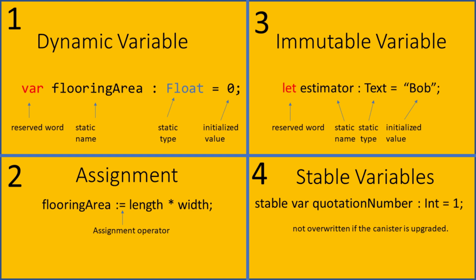Using the let reserved word instead of var ensures that the variable is immutable. And last is the use of stable variables. By adding the reserved word stable in front of the var reserved word, it ensures that the variable is not overwritten or reset when a canister is being upgraded. This is particularly useful for counters, such as the quotation number, to ensure they are not reset.